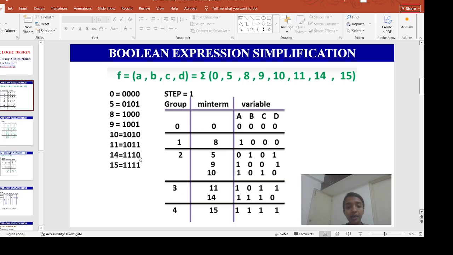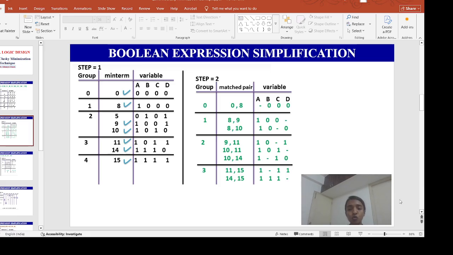In 11 and in 14 the number of ones is 3. We have to write it. Then we have to identify the group where the number of ones is 4. Only in 15 we can see the number of ones is 4. So we have to write that, and we have to write the corresponding binary expression. Okay, so this is our step 1.